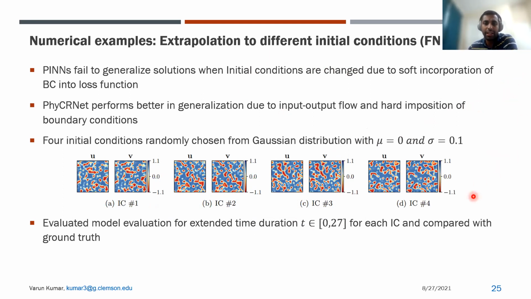To test that, they drew 4 different random initial conditions from a Gaussian distribution with a mean of 0 and a standard deviation of 0.1. Again, to show that this model is scalable and generalizable, they extended the time duration for the study from 0 to 27 seconds for each of these initial conditions, and then compared the results to ground truth.